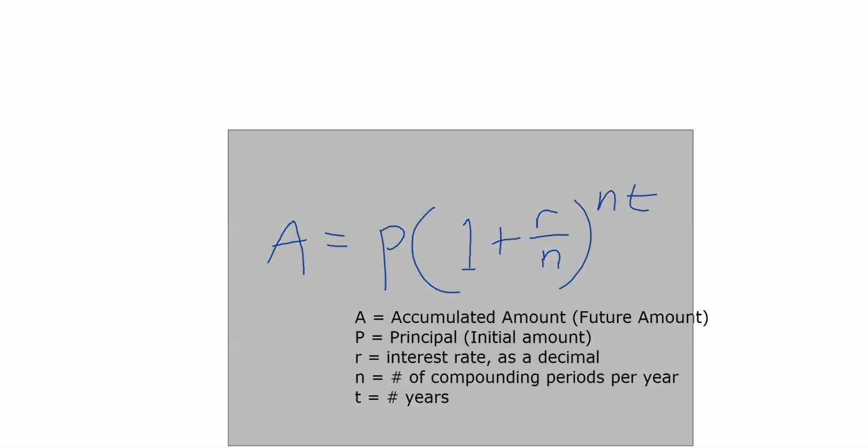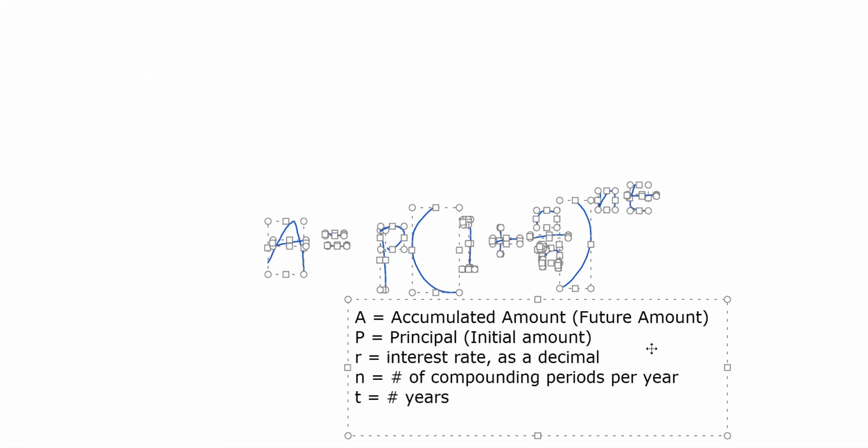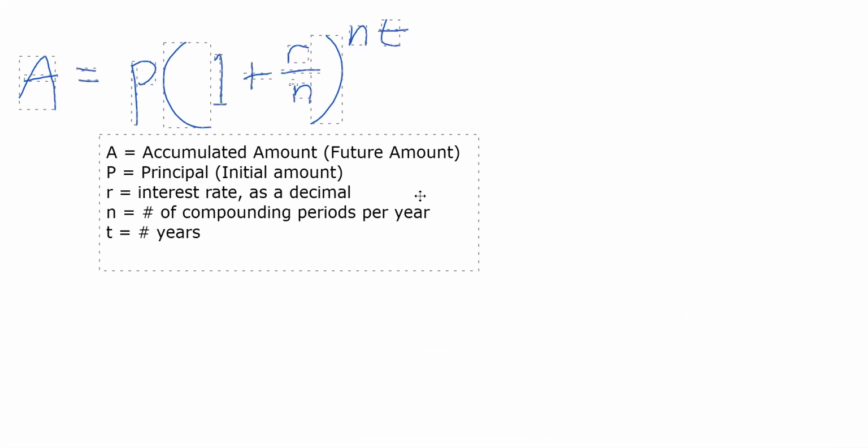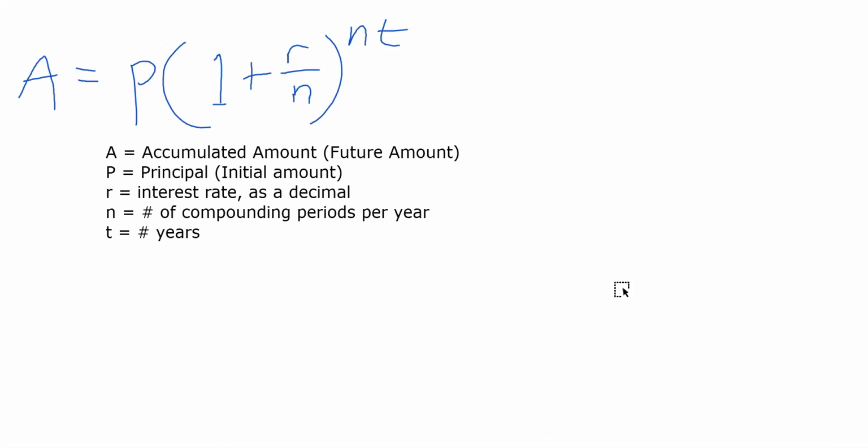Well, let's move this over here. Relegate it to the top left corner. And let's do an actual example. I'm going to show you exactly how this formula works. I'm also going to show you kind of the best way to put it into the calculator. It's going to be a big, beautiful formula.